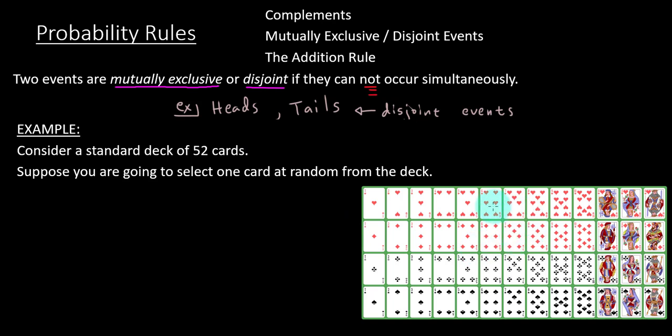There are 52 cards, and the way these are organized, there are 4 suits. There are the hearts, the diamonds, the clubs, oh, I don't know if I can draw this, and the spades.